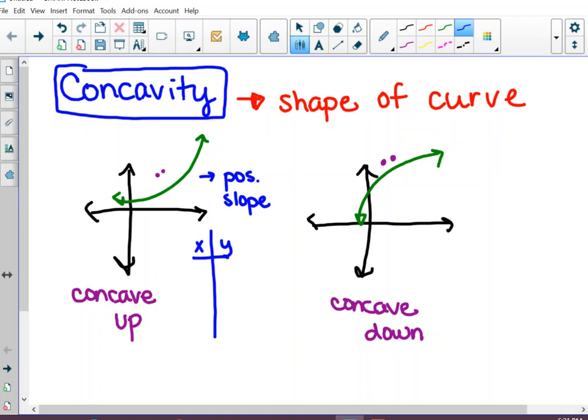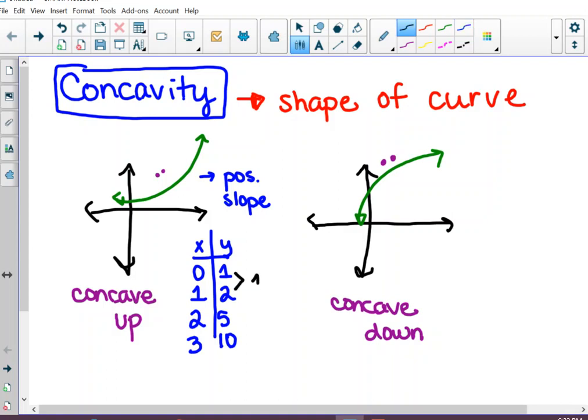And if I maybe could pick some numbers that would make sense for this graph, if I had 0, 1, and then maybe 1, 2, and then 2, 5, and then 3, 10, that would make a concave up function.